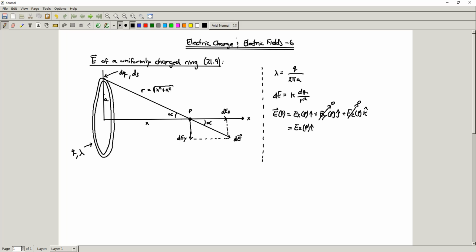And so we would expect to see, maybe I'll write this down, that for x going to 0, we expect E at P, so as P slides into the center of the ring, we expect this to be 0 also. And then, what else do we expect?